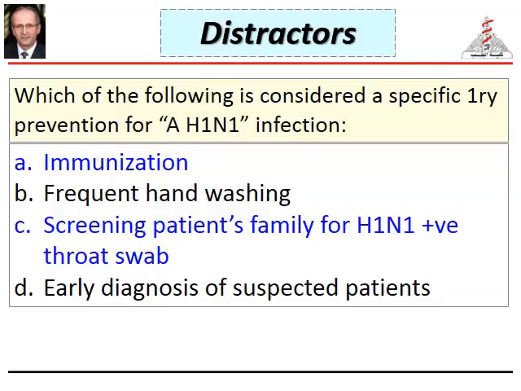Some students can recall that during H1N1 epidemics, we screen patients' family members, but this is not done for prevention. It is done to detect possibly infected family members and treat them. So these are two examples of how to propose accurate statements that are not the answer, or wrong statements that seem correct to the uninformed, to function as what we call plausible distractors.